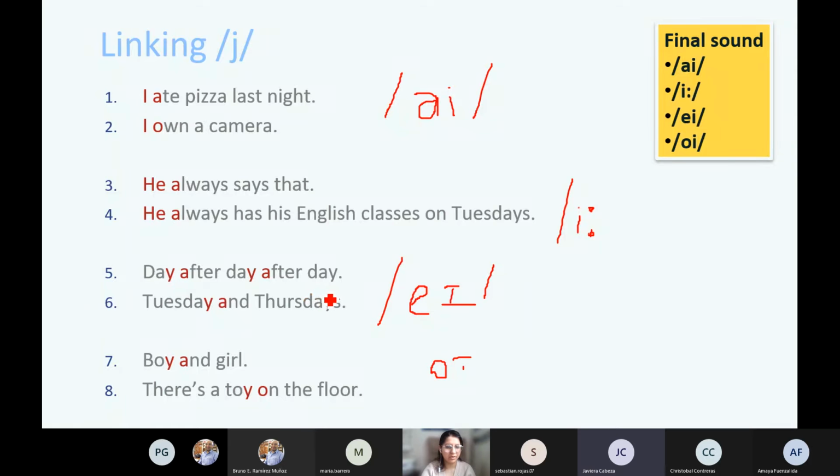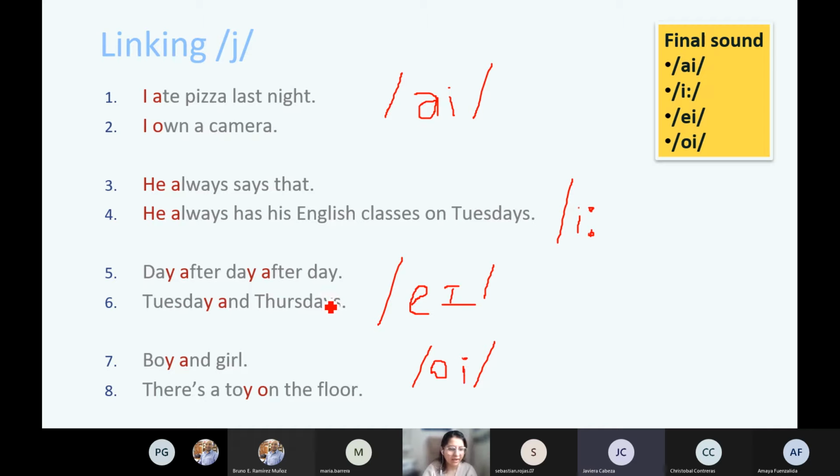So the first one is I ate pizza last night. I ate pizza last night. And the second one is I own a camera. I own a camera.